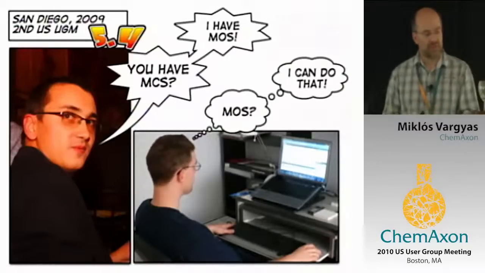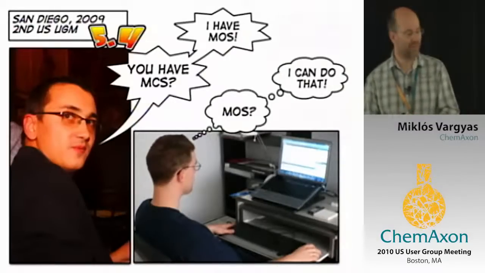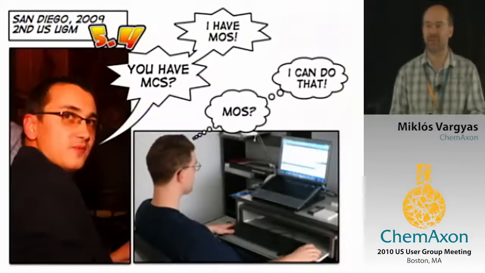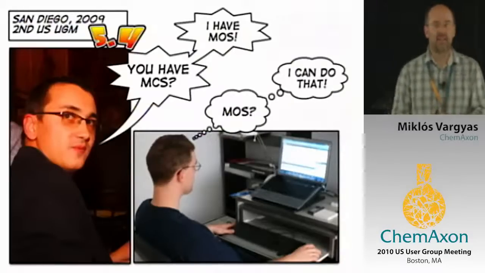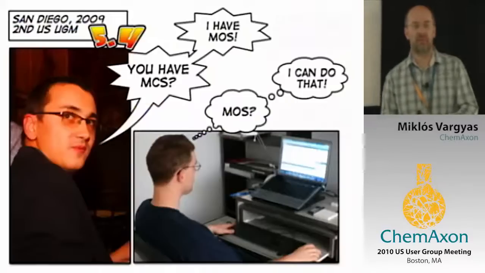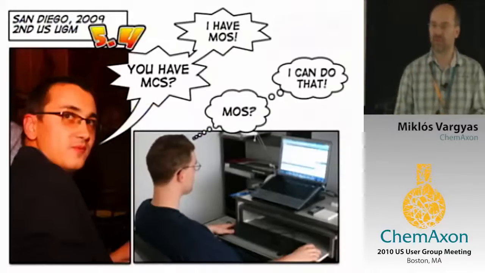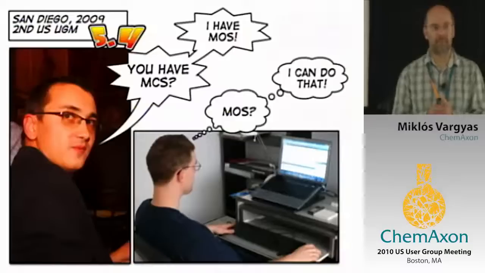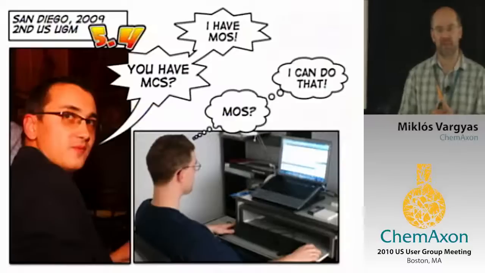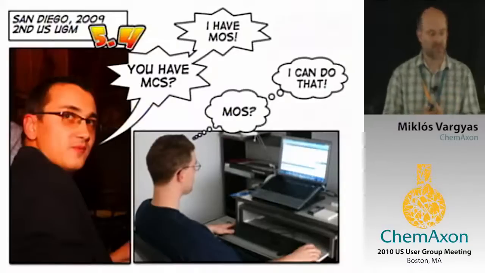Oleg also said in his talk that he implemented the maximum overlapping search algorithm. At that time, we only had something we called the maximum common substructure search, which is something similar but simpler than the maximum overlapping set, or MOS.